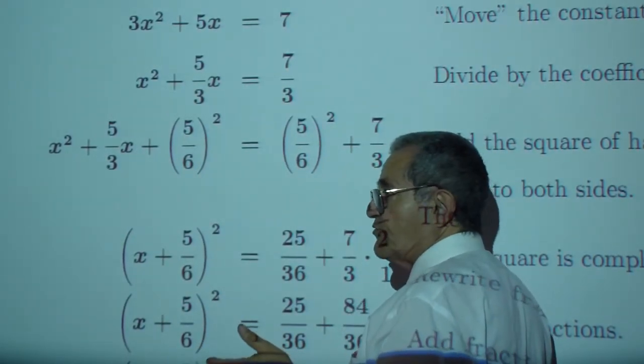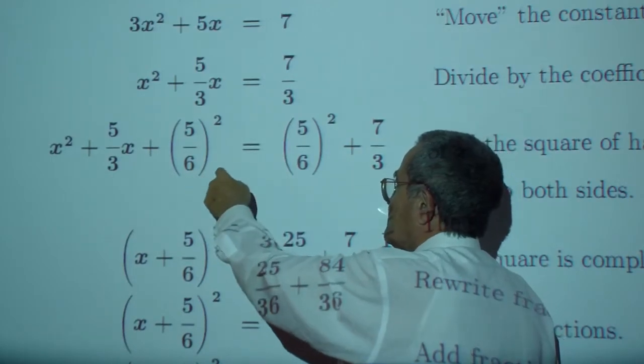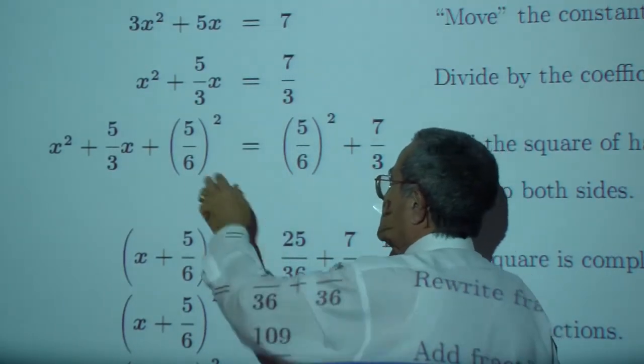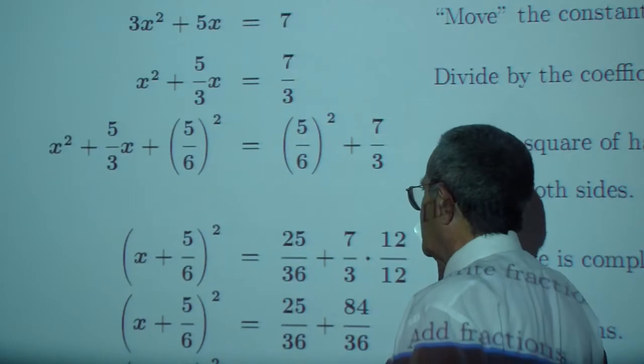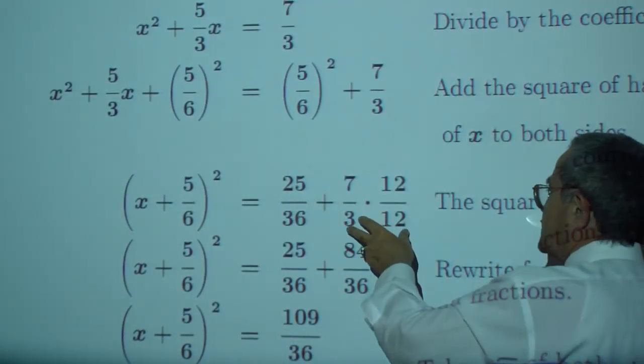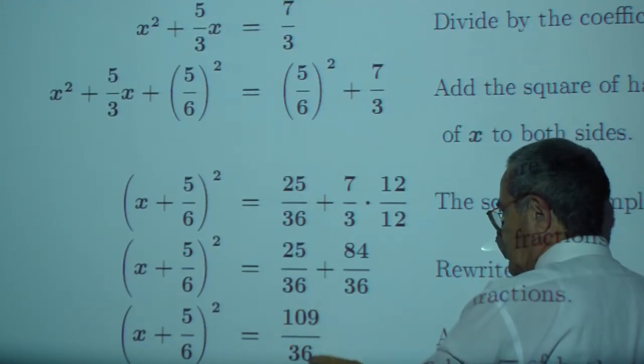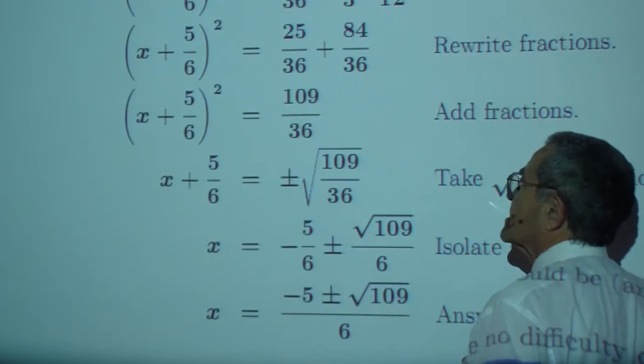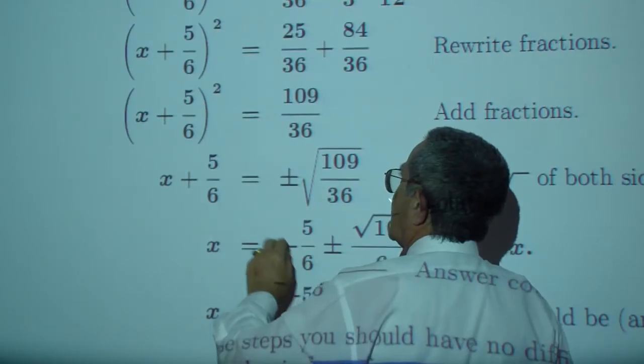Earlier I did not have an equation, so I had to add 0, this number minus that number. Here I can add it to both sides. So I get a square. I get a common denominator here to add the two fractions, 109 over 36. Take the square root of both sides.